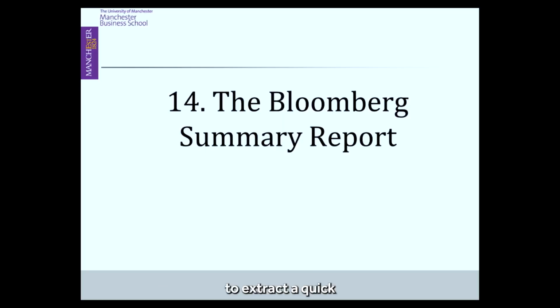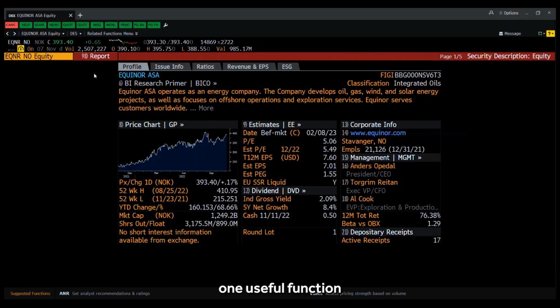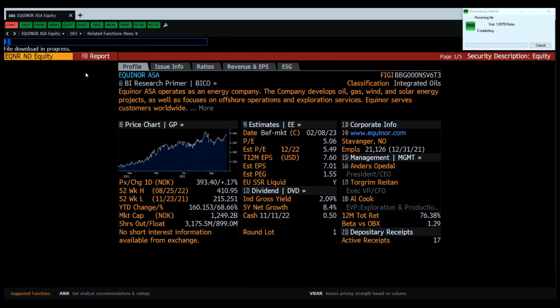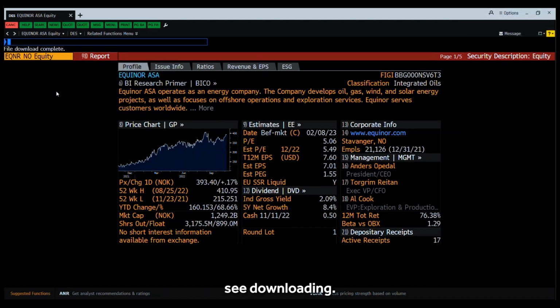If we wish to extract a quick summary of the company, one useful function is to click on this report button here. If I do so, this will now auto-generate a report on this company, which I can now see downloading.